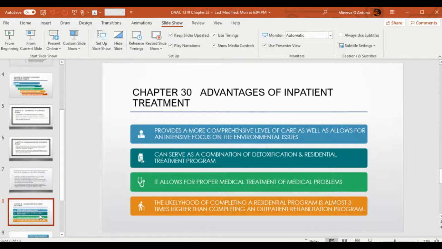And that tells you that when you're on outpatient, you have so many more challenges that you have to experience and negotiate daily. Whereas when you're in a safe, secure place, you can focus on other issues instead of constantly having that on your mind.